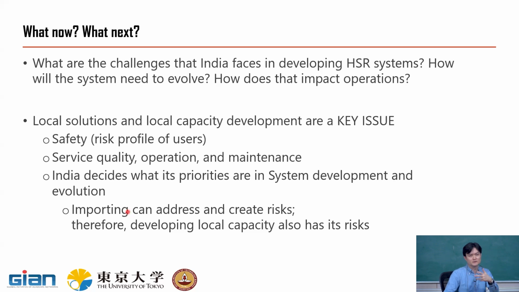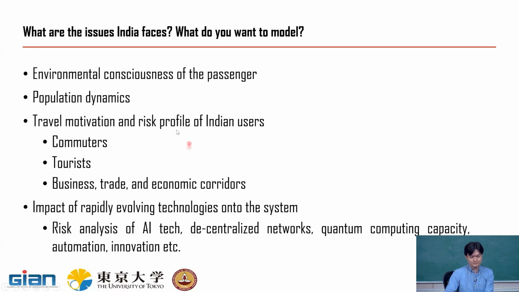They will solve certain risks like time, but might increase others like cost. The same thing happens when you commit to local capacity building. It will have time risks, because it will take longer, but it may address financial risks. So it's always a trade-off, and you have to think about what would be good for India right now.